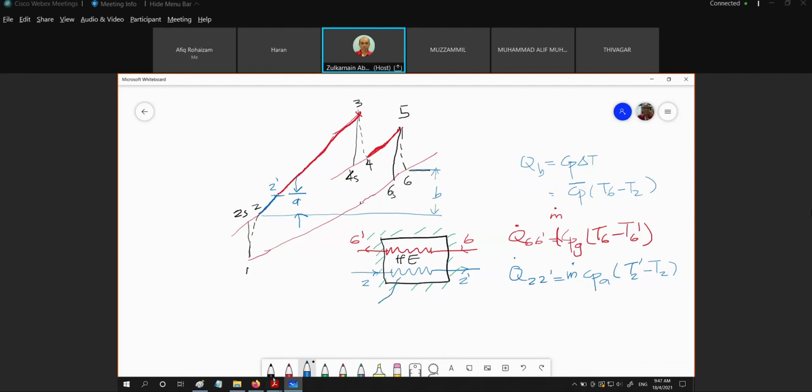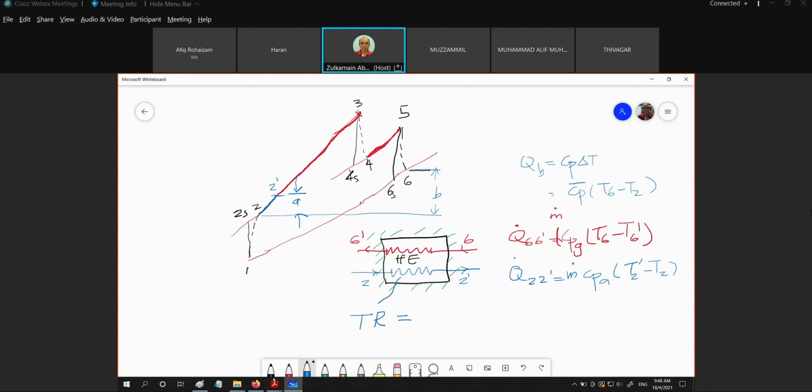For this heat exchanger, the efficiency is called the thermal ratio. The definition is the available heat, and this is the heat increment of the air.